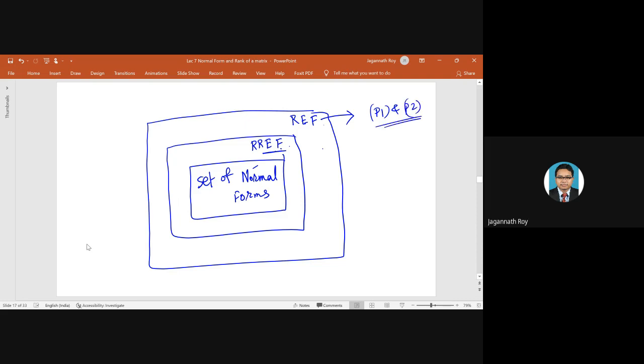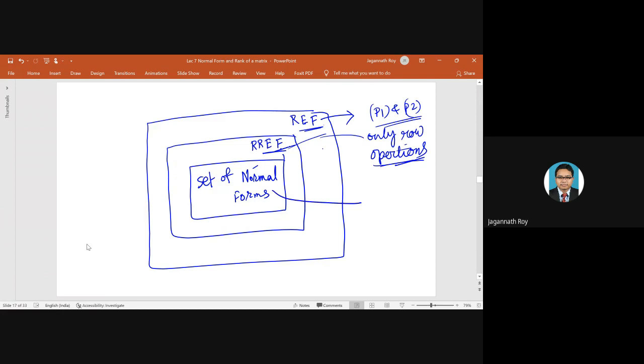Okay. And for this row echelon form, we have done only row operations. Both for row echelon form and reduced row echelon form, only row operations.